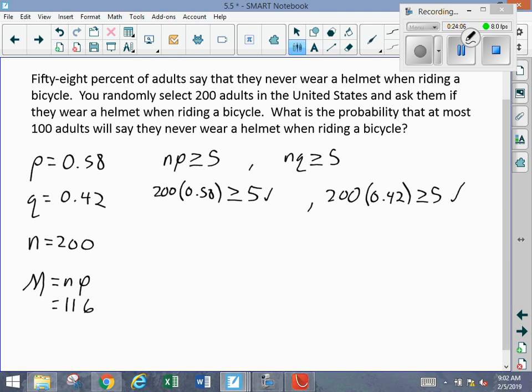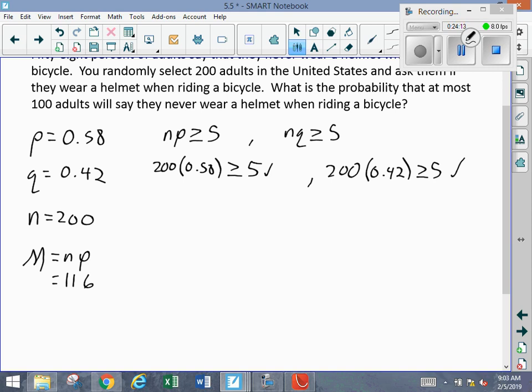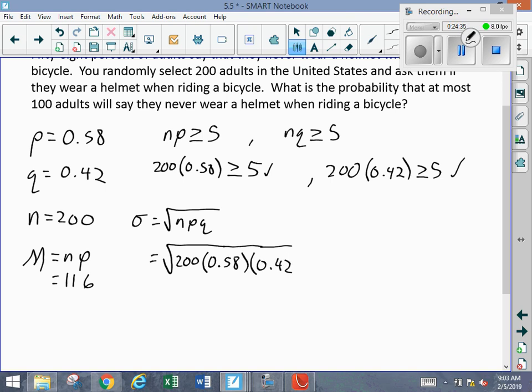And now we'll calculate our standard deviation, which remember was the square root of N times P times Q. So in this case, that is 200 times 0.58 times 0.42. So we're going to get about 6.35.